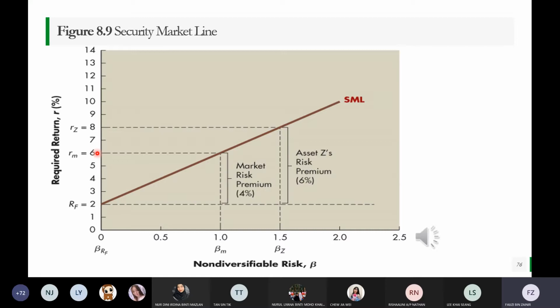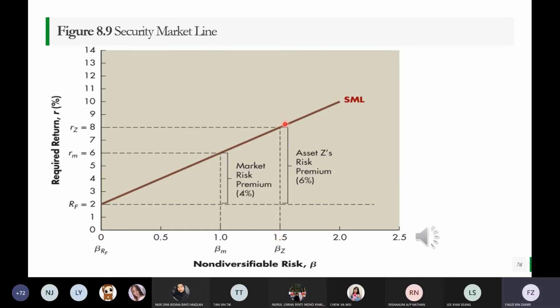The line has an intercept of 2%, meaning that a security with no risk earns a 2% return. The slope of the line is 4%, equal to the risk premium on the market portfolio, which is 6% minus 2%. The figure highlights that there is a trade-off between a security's non-diversifiable risk and its required return. Notice that asset Z, which has a beta of 1.5, has a required return of 8%.